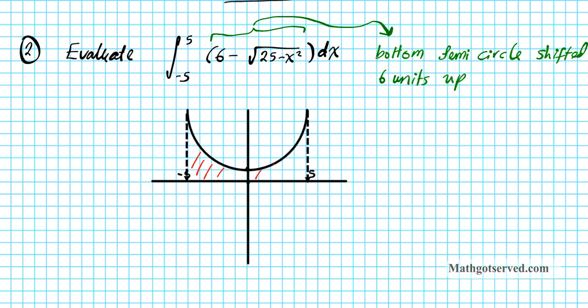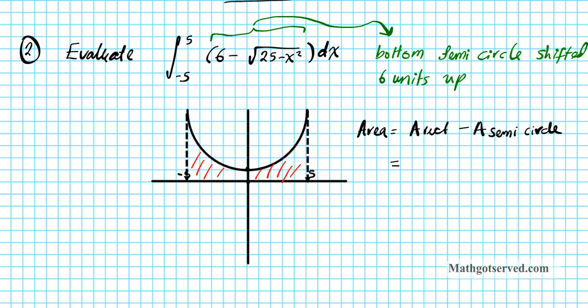Simply, the entire thing is a rectangle, and then you subtract the semicircle from there. So let's write it in word form. Area equals area of rectangle minus area of semicircle.